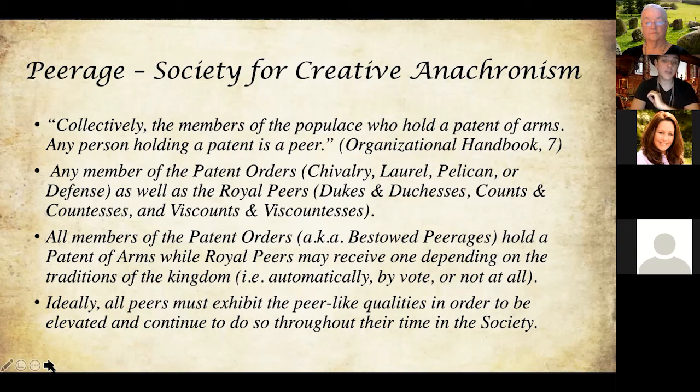In all situations, a member of a patent order, aka a bestowed peerage, will always, throughout the known world, hold a patent of arms. Some royal peers, depending on the traditions of their kingdom, may or may not.